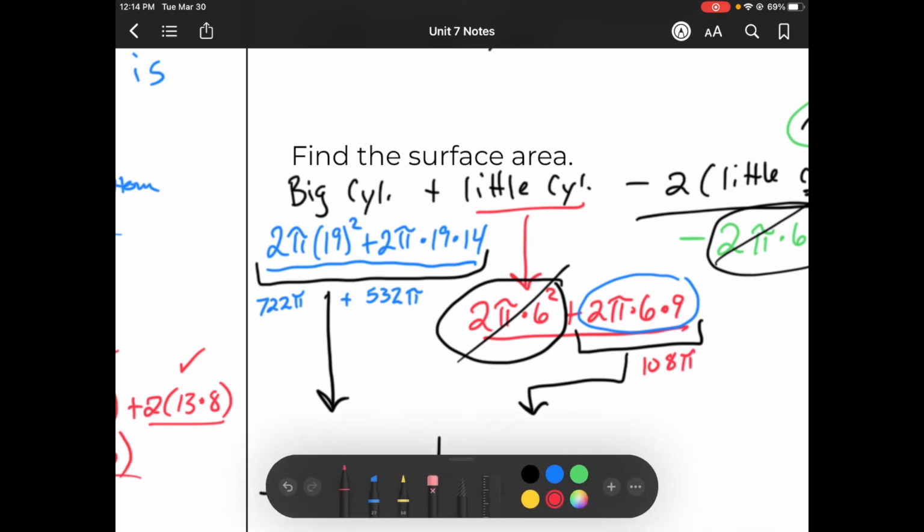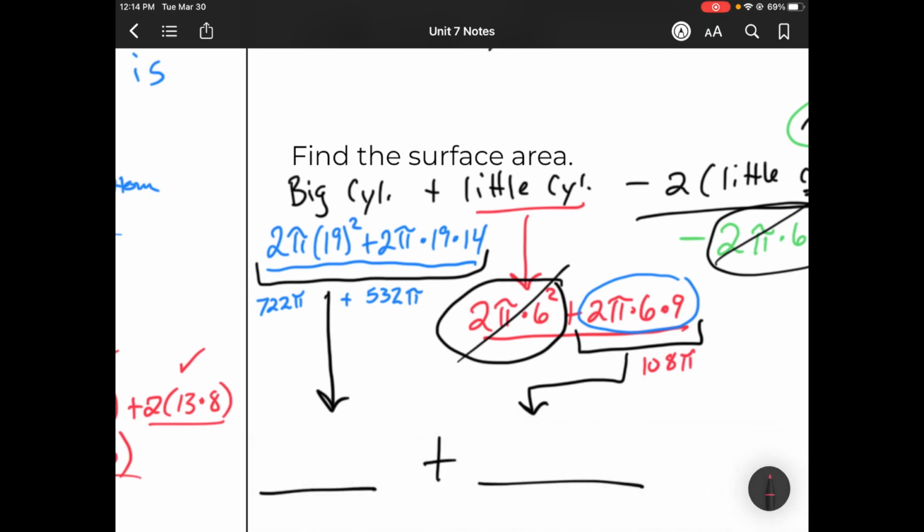Okay? So we're going to combine all of these, and actually I'm going to do 722 pi plus 532 pi. That gives me about 3,939.6.